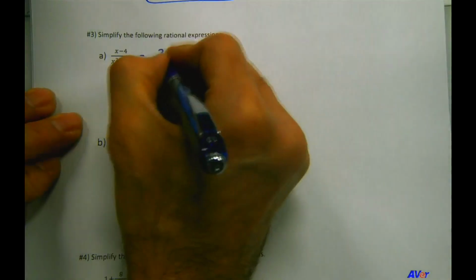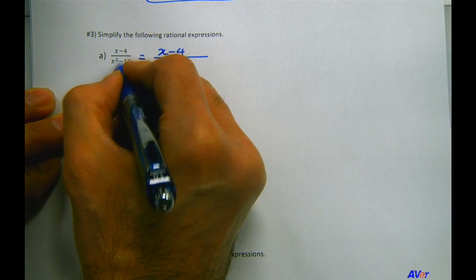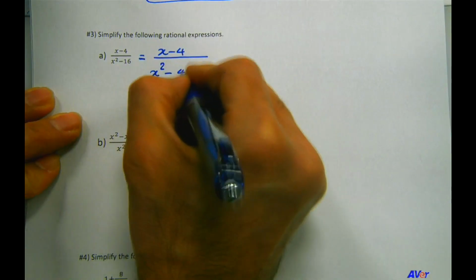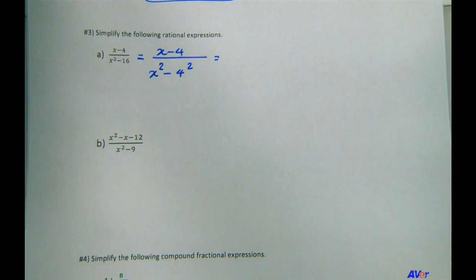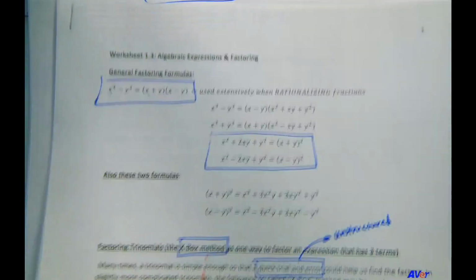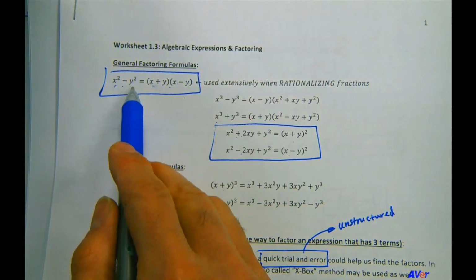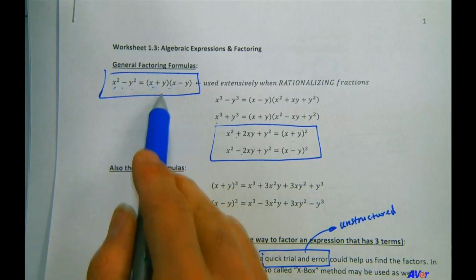So x minus 4 is fine. The denominator is a perfect square minus another perfect square, right? And you know what we have to do there. x squared minus another perfect square. So we have that equation. Whenever you have a perfect square minus another perfect square, you can factor it as x plus y times x minus y.